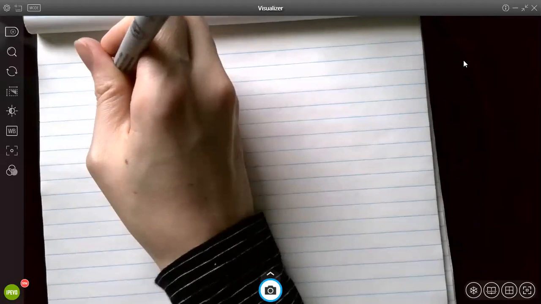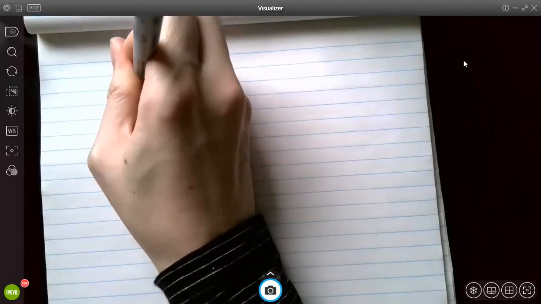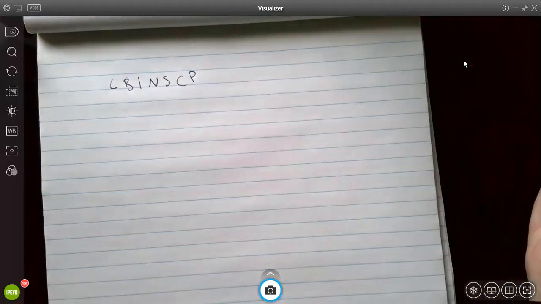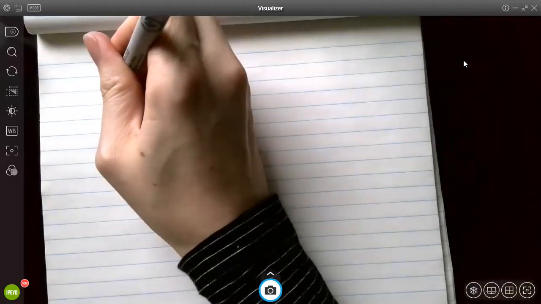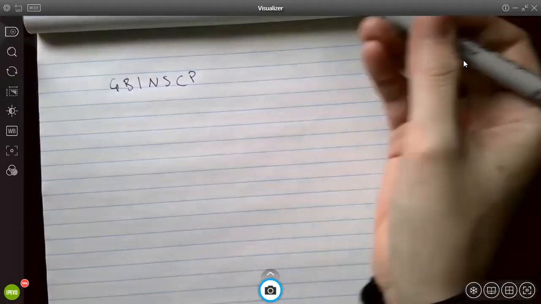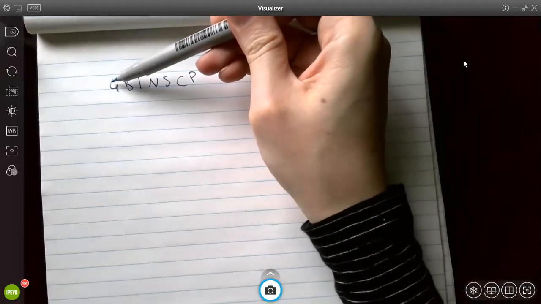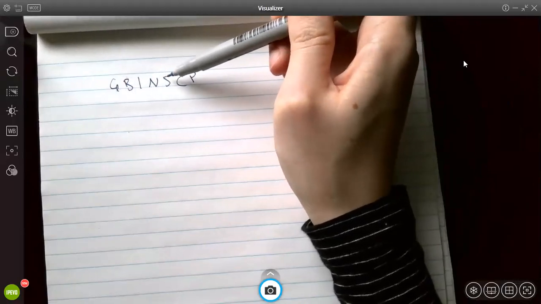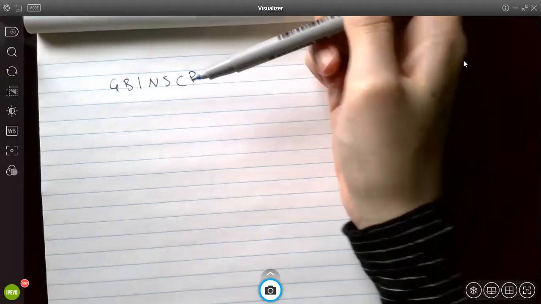Okay, so the way I memorize my polyatomic ions is something I call C-bins CP, where this is chlorine and that's carbon. So what I have here is my chlorate, bromate, iodate, nitrate, sulfate, carbonate, and phosphate.